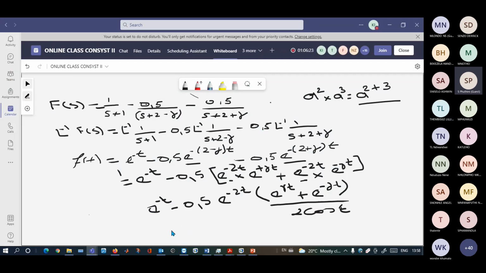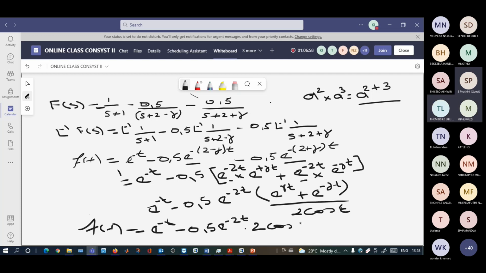So now we can write that our function, f of t, is going to be equal to e minus t minus 0.5, times e to the negative 2t, times 2 cos t.